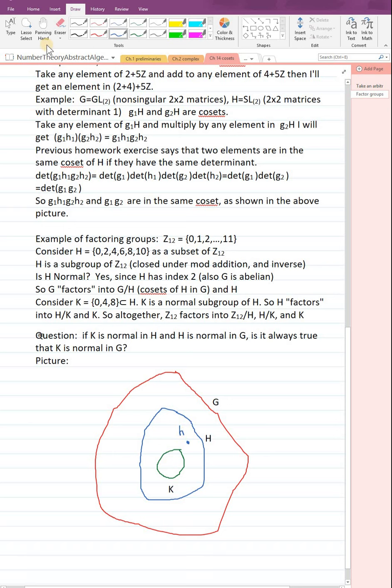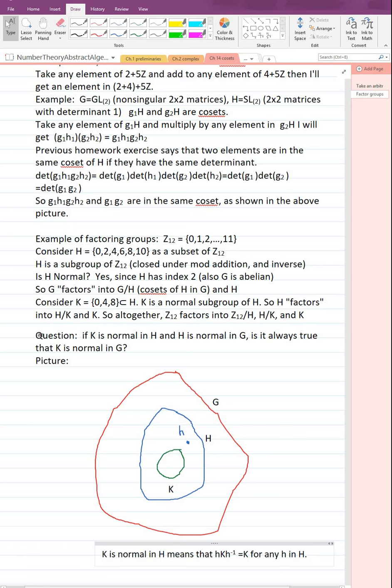Since K is normal in H, that means h K h inverse equals K, for any h in H. Now, what would it mean for K to be normal in G?